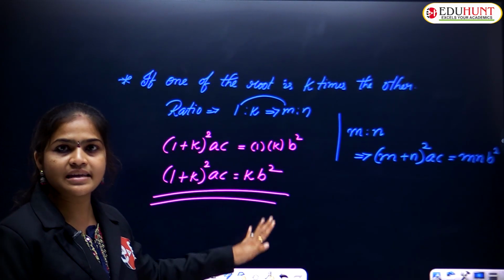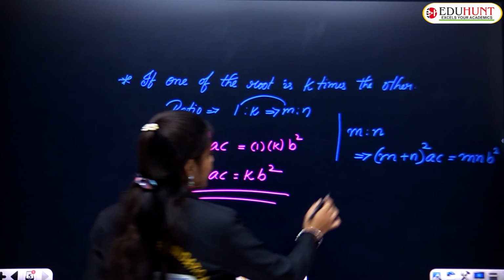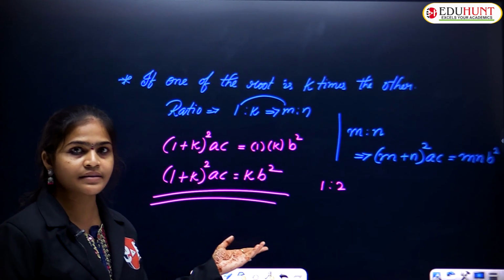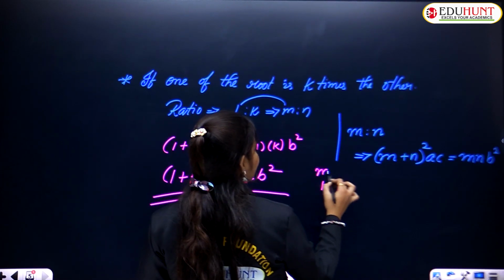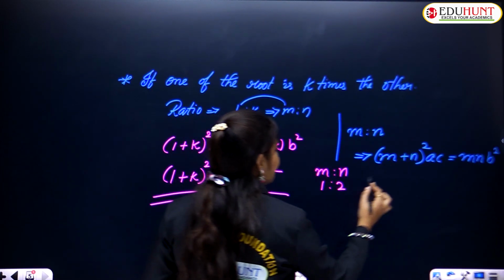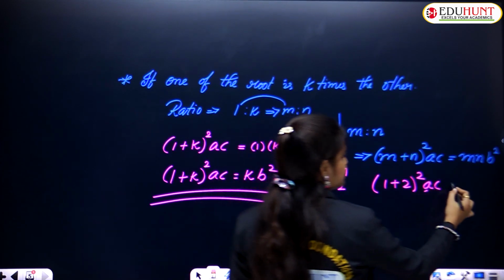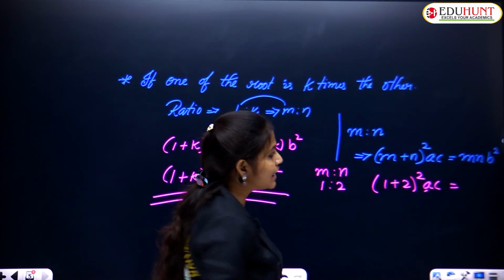In the same way, one example: if the roots are in the ratio 1 is to 2, simply comparing with m is to n, write (1 plus 2) whole square. The a and c values we need to substitute from the given quadratic equation.